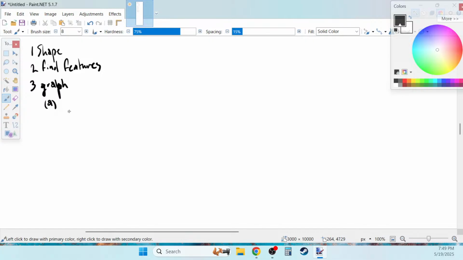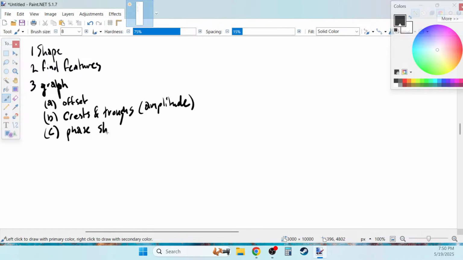Step A is going to be to put the offset. B is going to be to put the crests and the troughs, which use the amplitude plus offset. The next thing I'm going to do is graph the phase shift. And the last thing to do is to graph the wavelength.